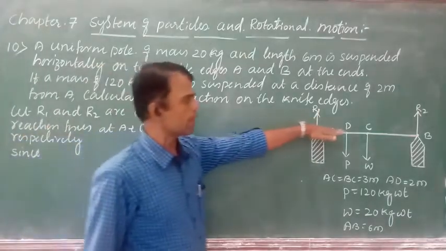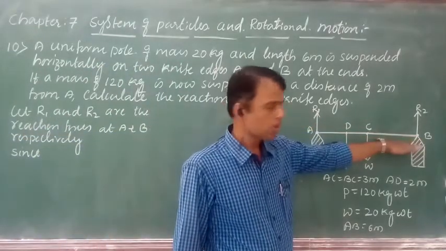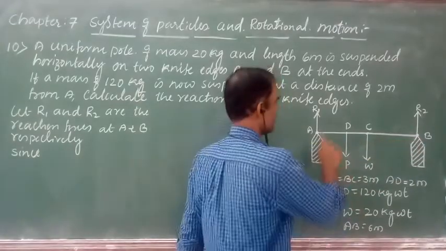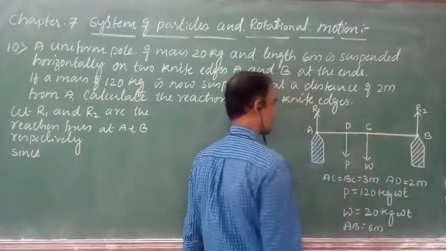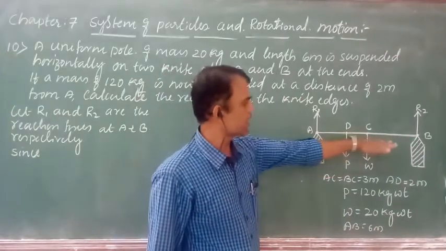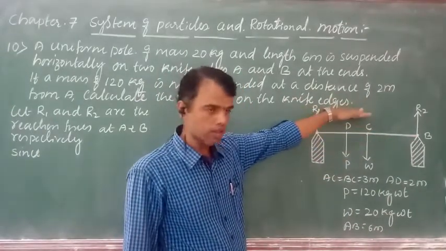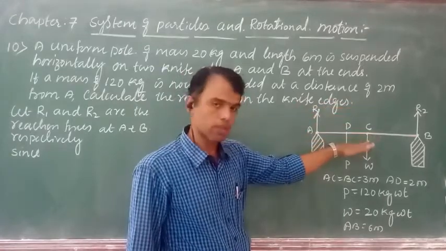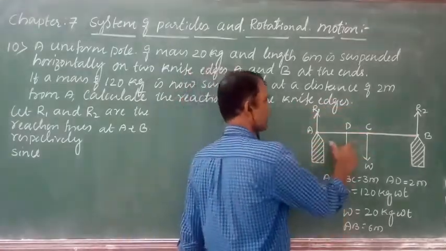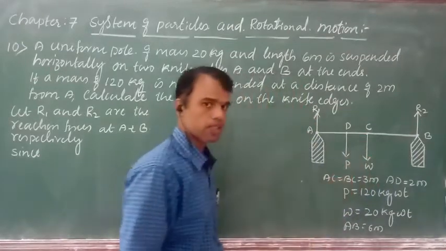Since the pole remains horizontal, what is the condition? In order to keep this pole horizontal, the sum of the upward forces acting on this pole should be equal to the sum of the downward forces. What are the downward forces acting on this pole?